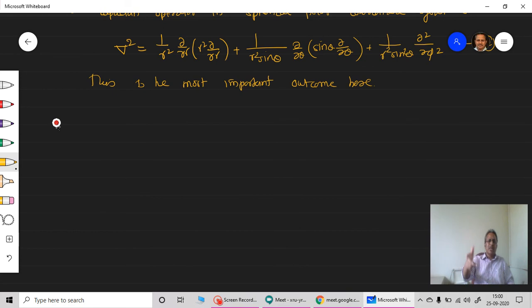Again, show that they are mutually perpendicular to each other, or show that the spherical polar coordinate system is an orthogonal coordinate system, and like that. Sometimes you are asked to find the scale factors for this orthogonal spherical polar coordinate system, and so on. So that type of small problems may be asked in the examination.